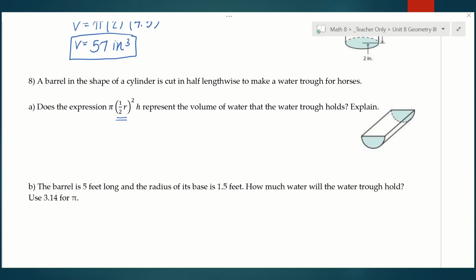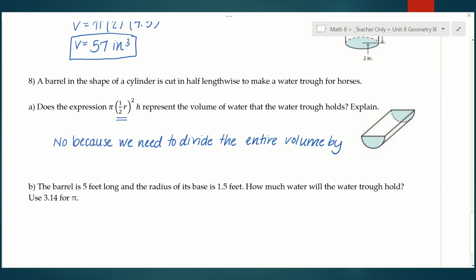Okay, so this expression is not going to work to find the volume of that trough. Okay, so I'm going to say no, we would need to divide the entire volume by 2, not just the radius.